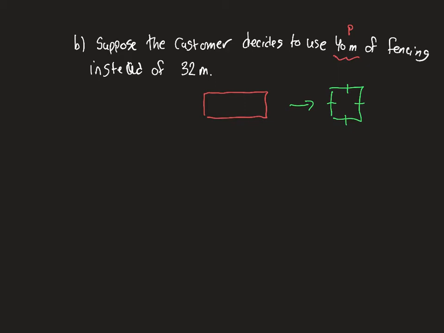So if I have 4 sides in your square and I need to make 40 meters for my perimeter, then 40 divided by 4 would give me 10 meters, which means each side should be 10 meters.